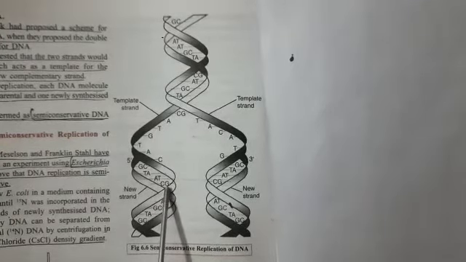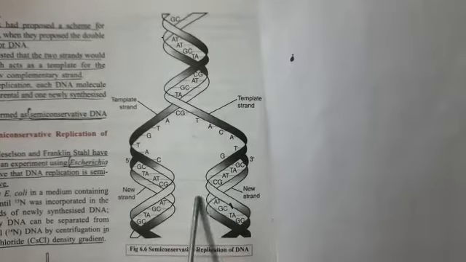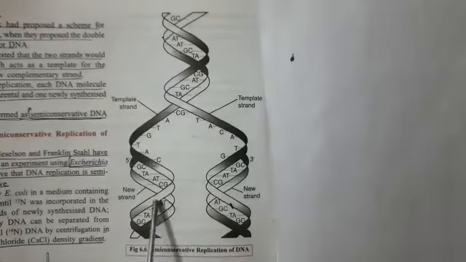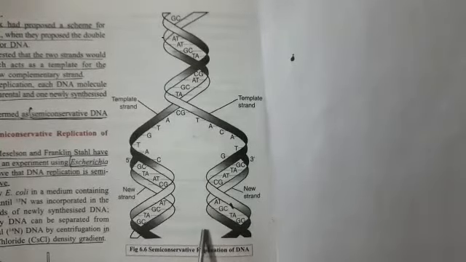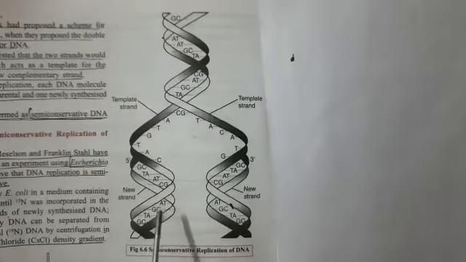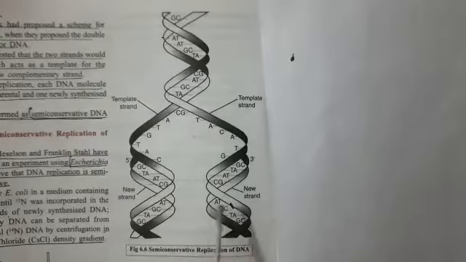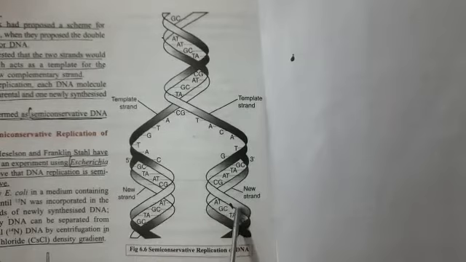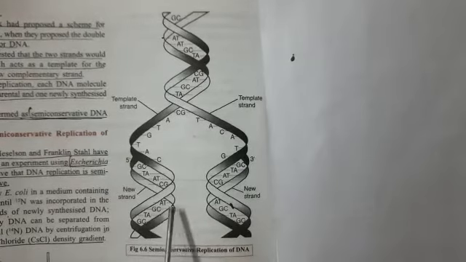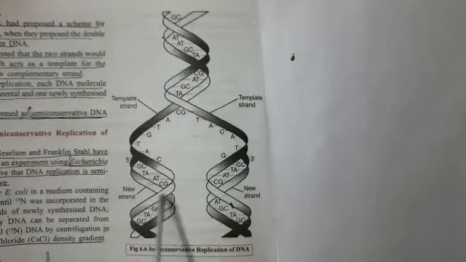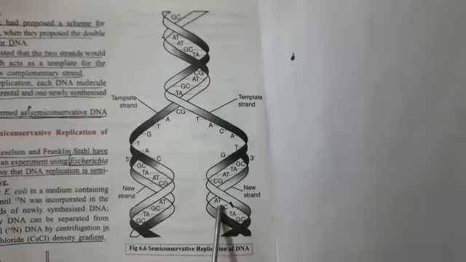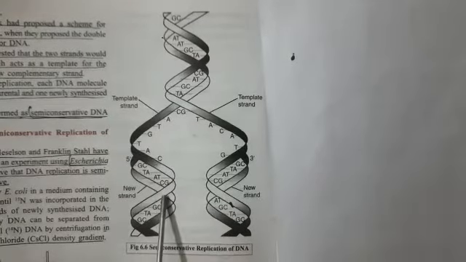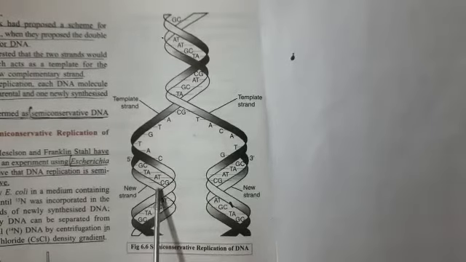If there is a guanine, there is cytosine. Thus we can say this is the replication of the DNA, and such a mode of replication is known as semi, meaning half, semi-conservative mode of replication of DNA. One is the newly synthesized and another is the old one, known as the parental one.